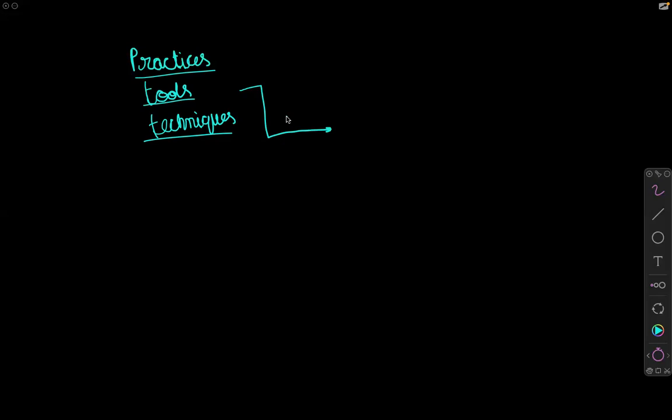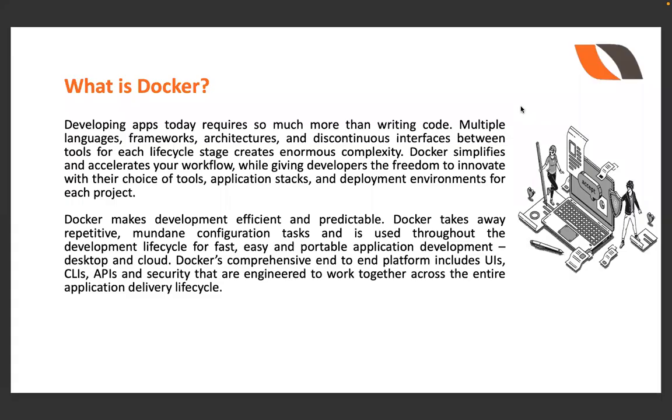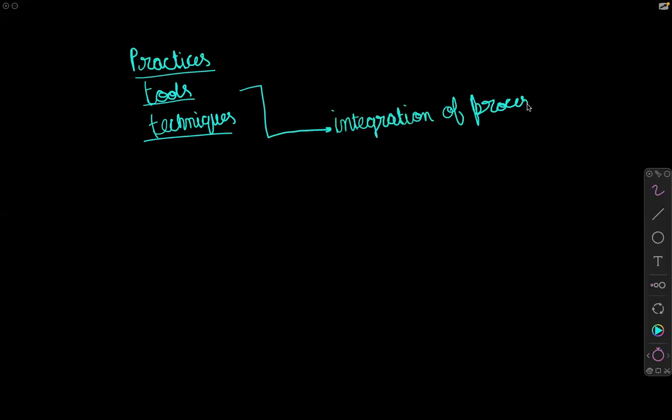And also it is going to help in the integration of processes between the software dev and IT teams. So what does that mean?